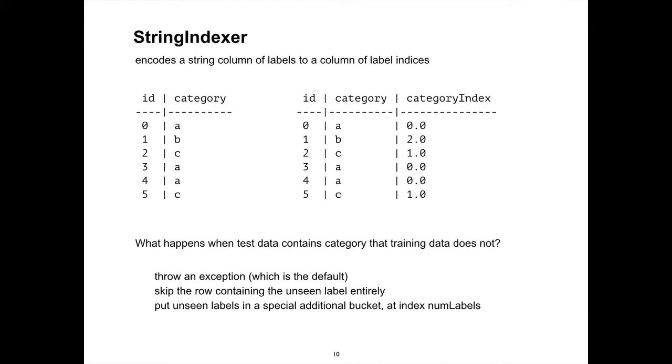You can specify what can happen. One is throw an exception so you know something went wrong. You can tell it to skip any rows that contain that unknown string. Or you can tell it to put them into a special bucket.